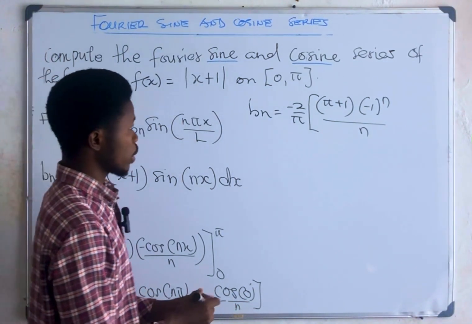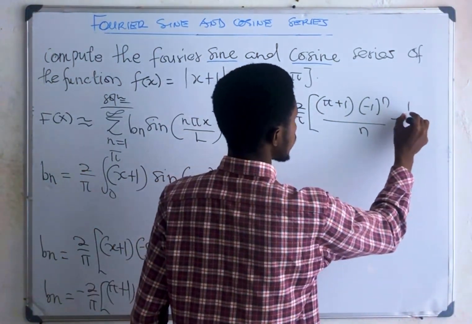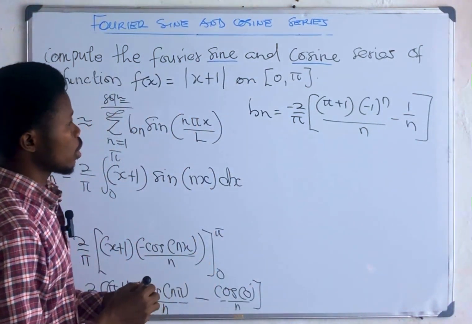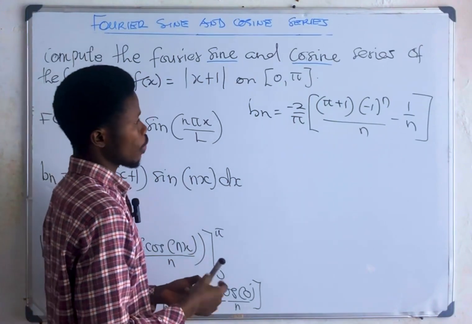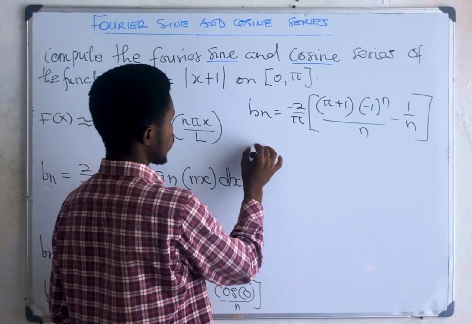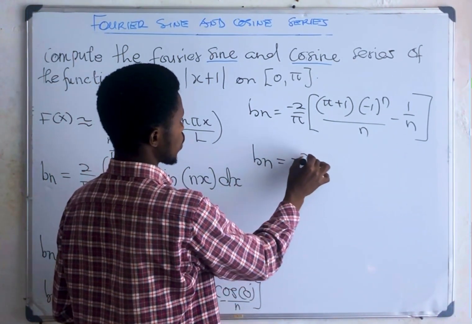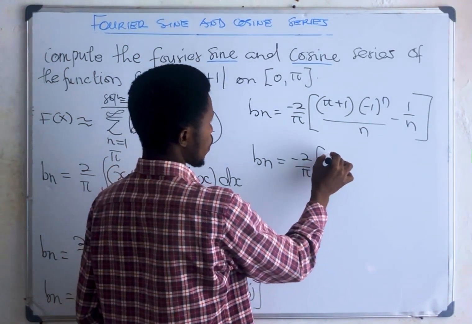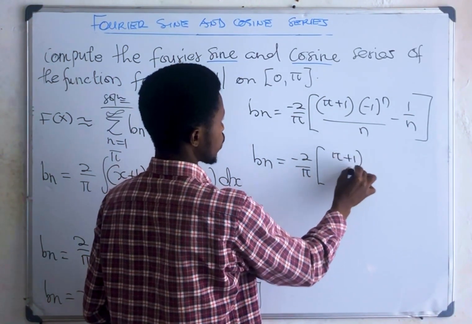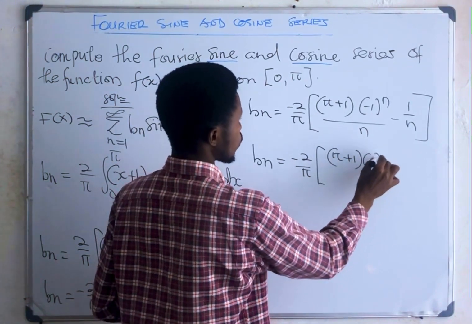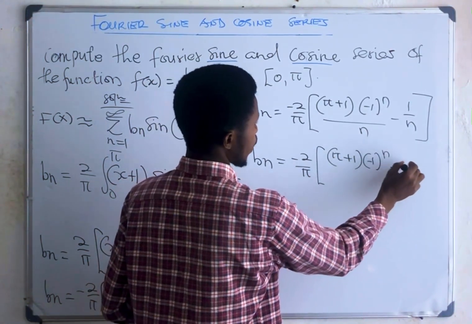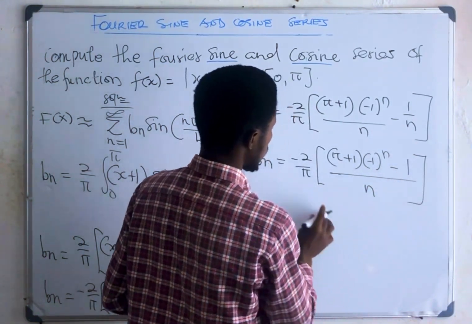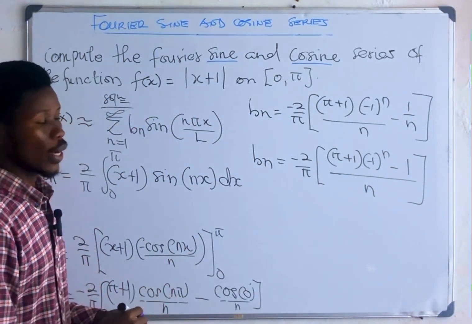So 1 over n. So minus 1 over n. You can leave it like this, or you can find LCM. If you find LCM, you're going to have bn equals negative 2 over pi, pi plus 1, negative 1 to the power n minus 1, all divided by what? N. So this becomes the final answer for bn.